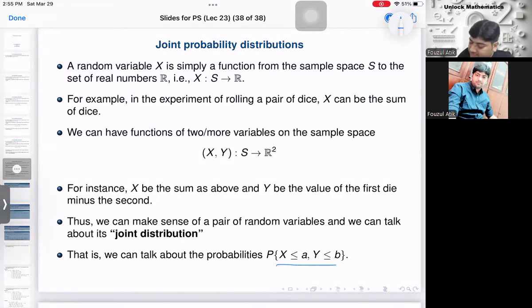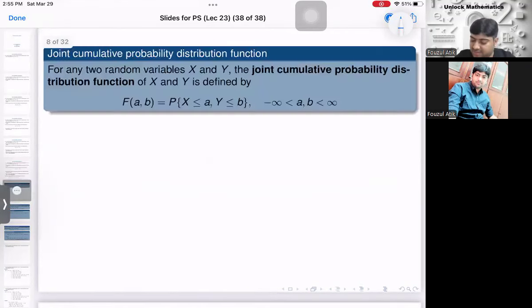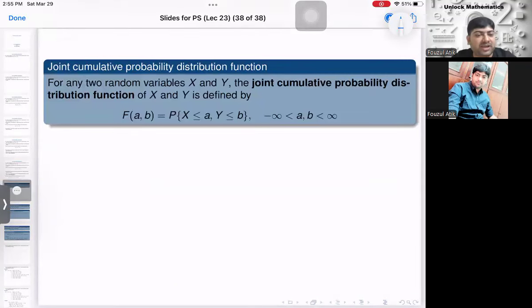So basically you can also say this is P of X less than or equal to A intersection Y less than or equal to B. Both the events are happening together in the case of a single event, and we want to find its probability, right? Easy. And therefore we can have the concept of the joint cumulative probability distribution function.